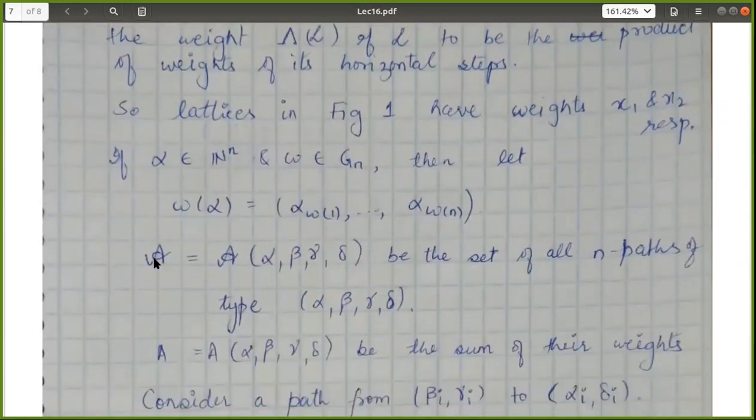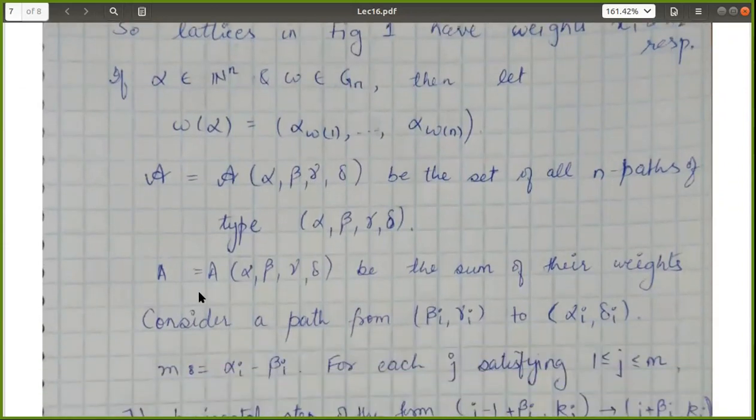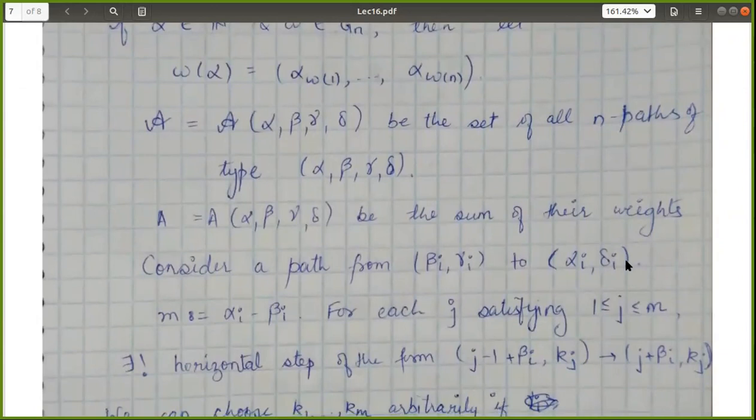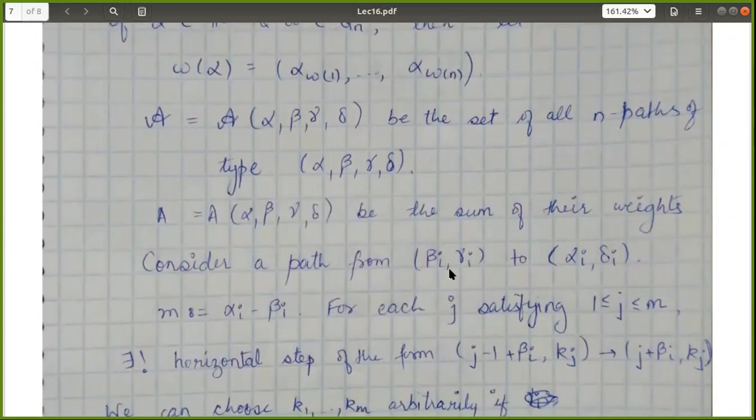So calligraphic A collects all the n-paths of the type alpha, beta, gamma, delta, and A is the sum of their weights. Then we consider a path from (beta_i, gamma_i) to (alpha_i, delta_i).